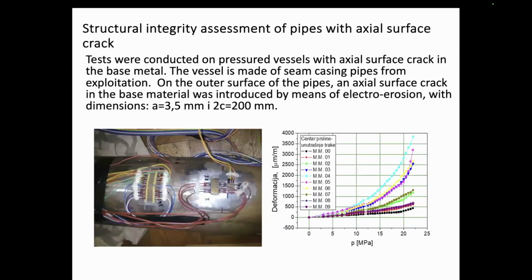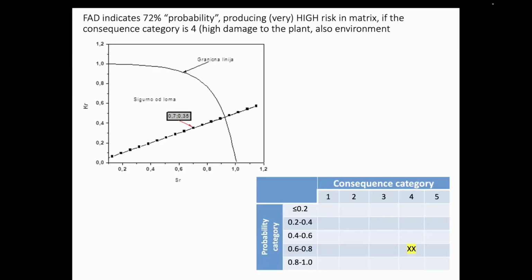So the simple way in this case was to calculate K1, and I presented how we measured K1C, and then the calculation of stress is even simpler, but net stress close to the crack-like defect. And then we got a point here.